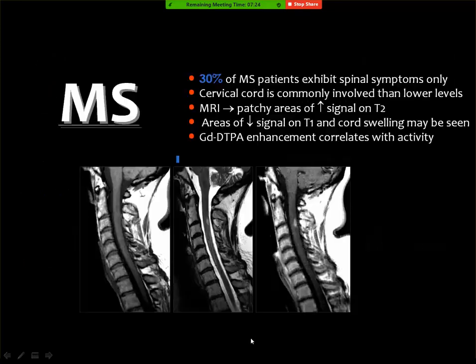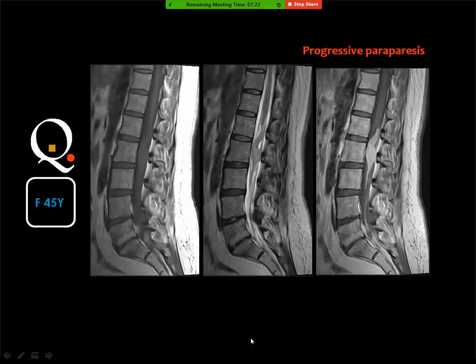Okay, thank you. Then, what do you think of this? This is exophytic ependymoma. You see the intradural lesion.